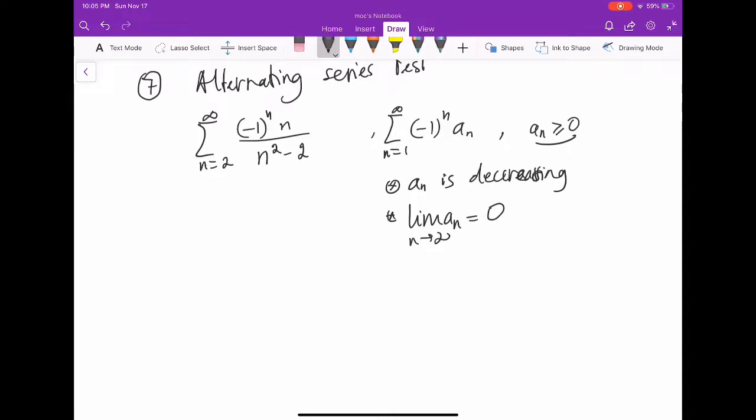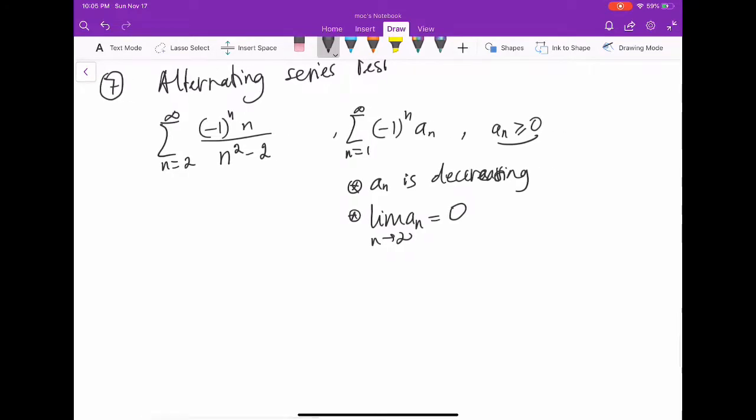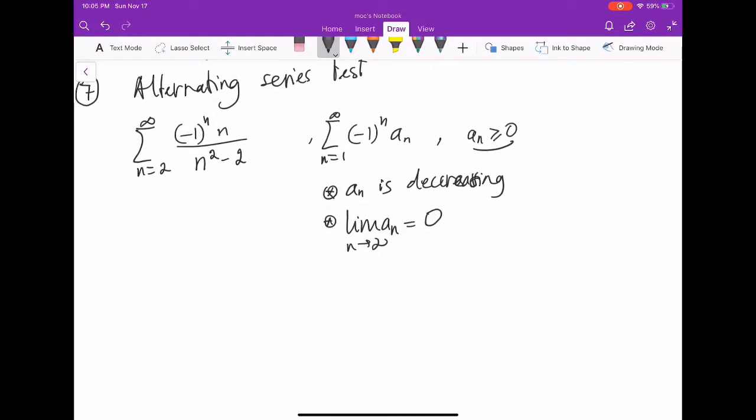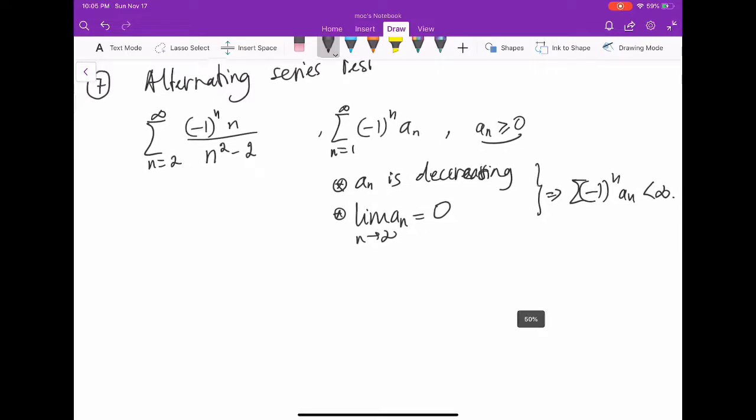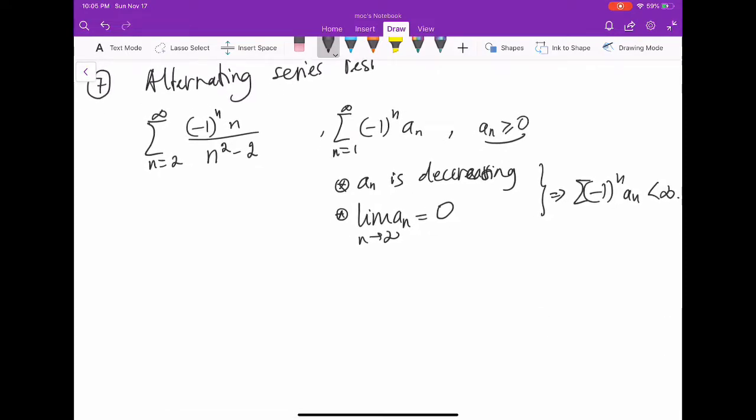So we have these conditions. If an satisfies these conditions, we conclude that our series converges.